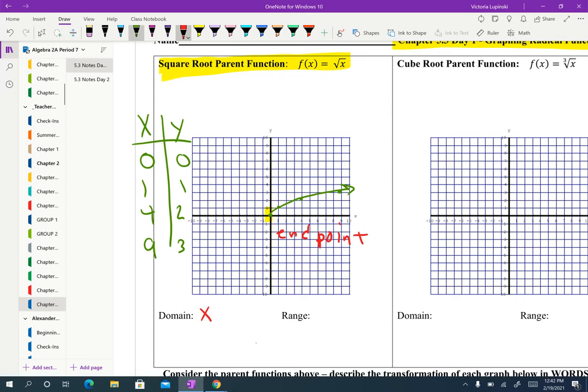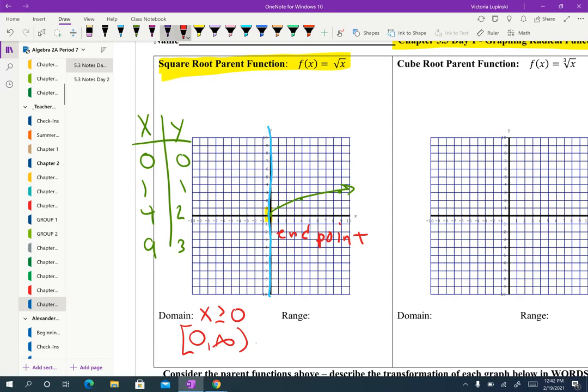If I look at where the first x value of this graph is, it's right here on the y-axis, which means that x has to be to the right of 0, and so x is greater than or equal to 0. When you're talking about interval notation, if you're saying greater than or equal to 0, that means you're going from 0 to infinity, and you're going to include the 0, but remember, never include the infinity.